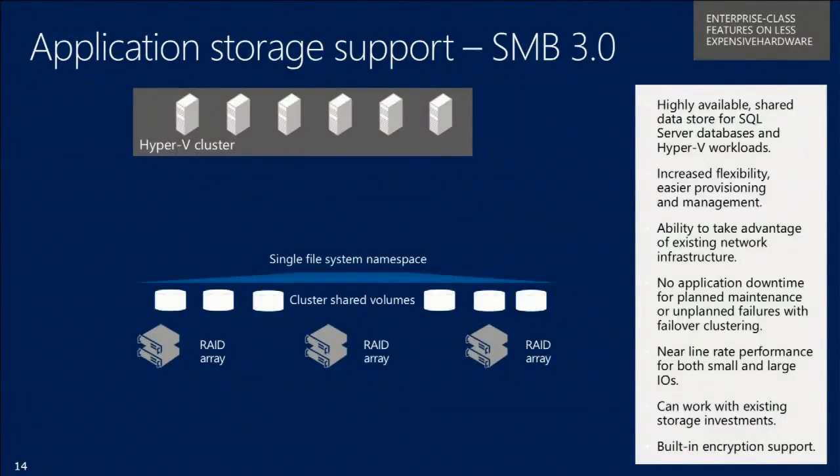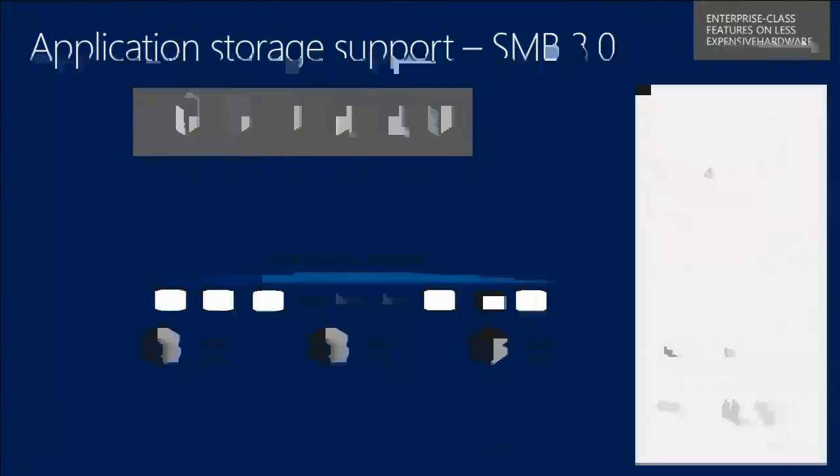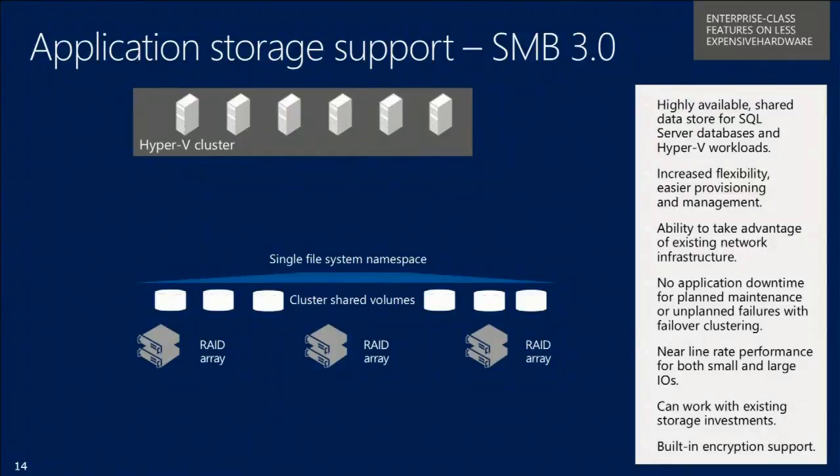All of us are familiar with file shares. And with Windows Server 2012, we allowed you to not just store documents, but also store Hyper-V VMs onto those file shares. We are taking that even further with SMB 3.0 support in Windows Server 2012 R2, as well as in Windows Server 2012. In the past, you needed Fibre Channel or iSCSI arrays or SAN arrays to store these things, to get the automation and the scalability that you're looking for.